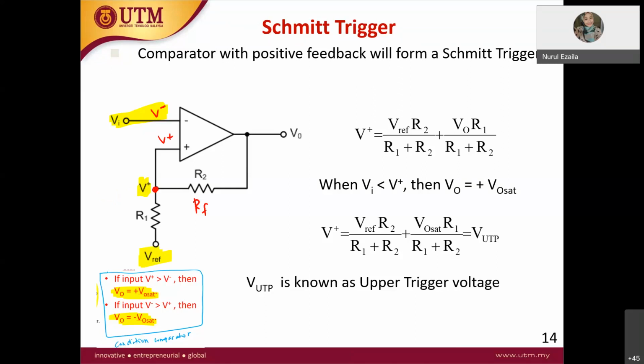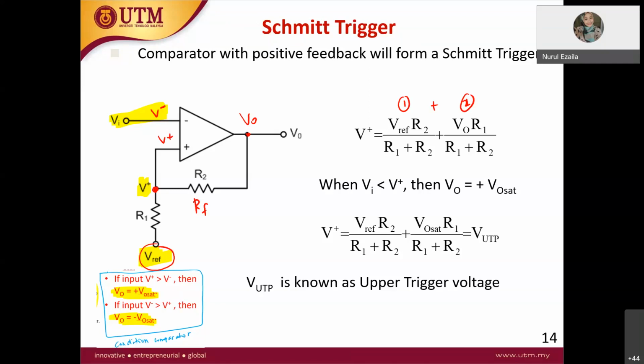If you still remember how to solve it, since you have two voltages, at the V reference and also at this point V out, you have one portion here plus this one here. So V plus is equal to V reference times the opposite resistor, which is R2, over R1 plus R2, plus V out, the opposite resistor is R1, over R1 plus R2.